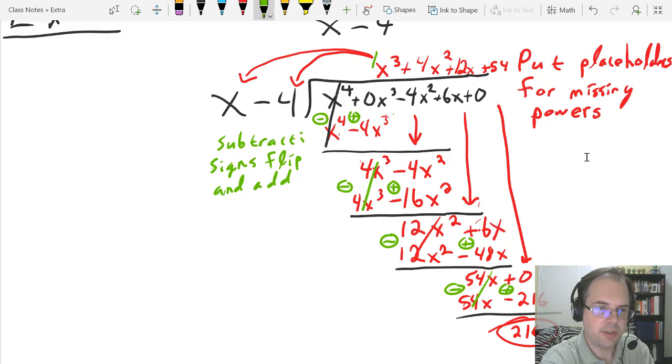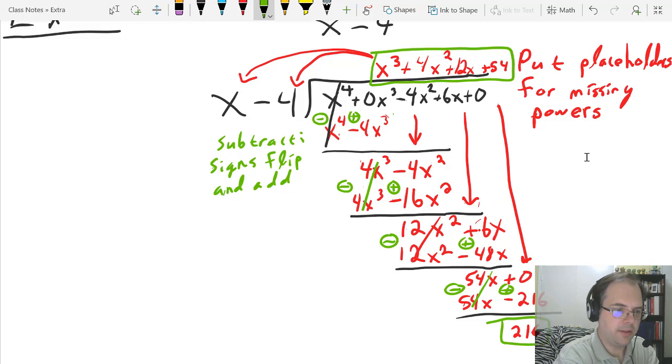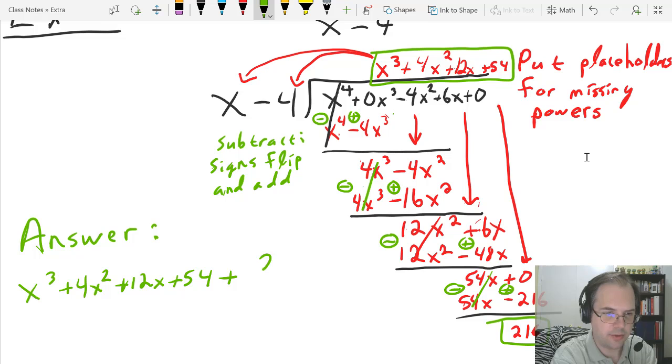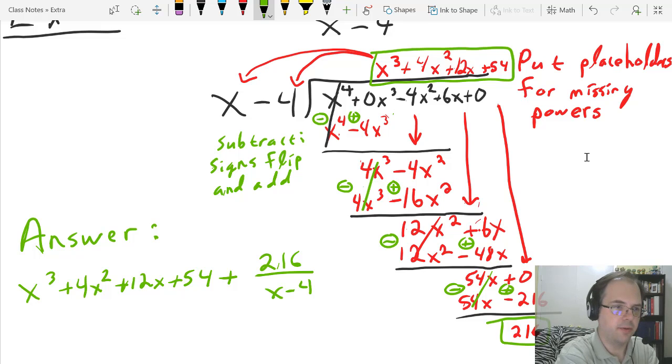We now have the quotient and we have the remainder down here. So our answer, and the way we write our answer for the division is the quotient x cubed plus 4x squared plus 12x plus 54 plus the remainder, which is 216, over the divisor, which is x minus 4.